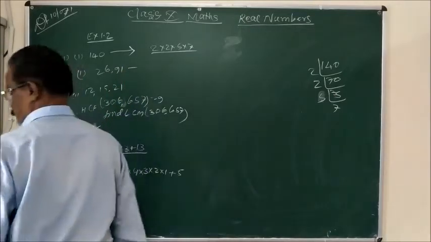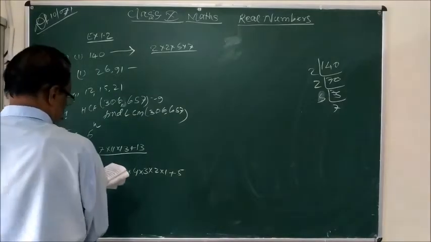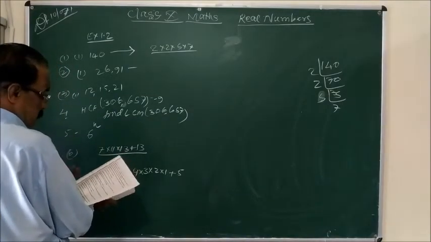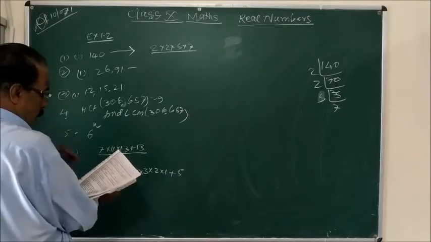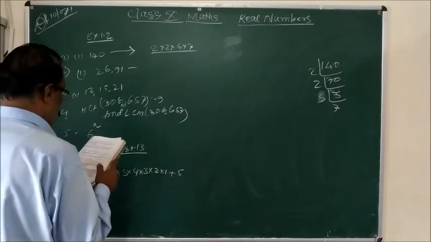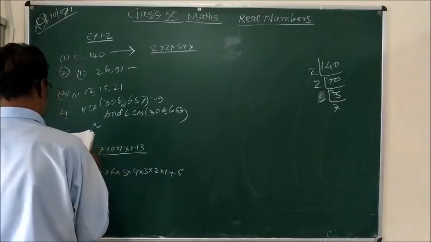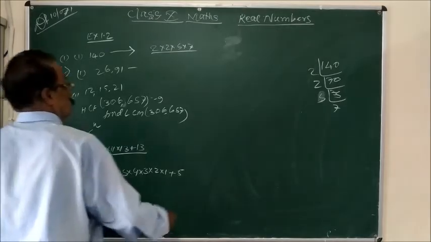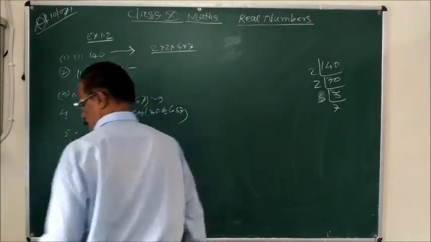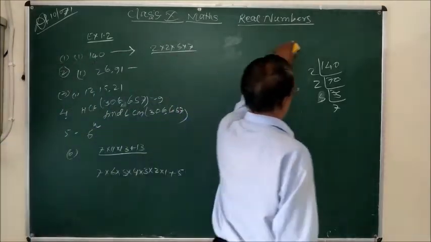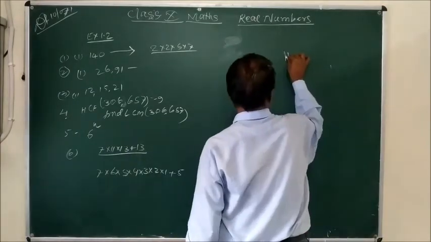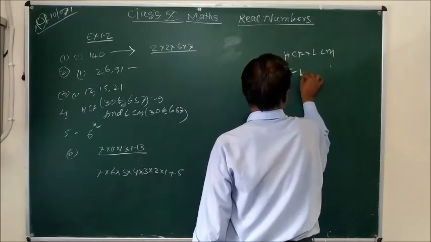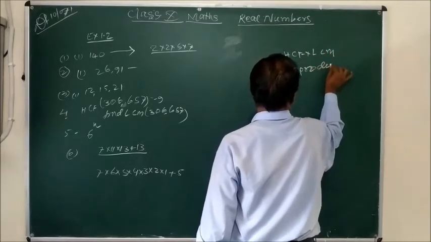Now you see 26 and 91. These are the numbers, and you have to find the HCF and LCM, and you have to verify that rule: HCF into LCM is equal to the product of the two numbers.